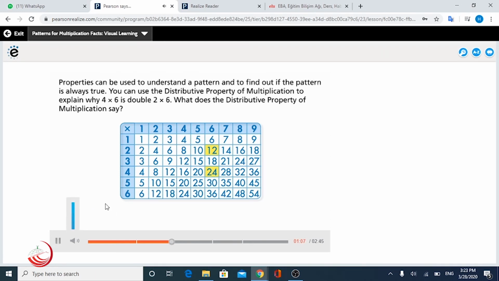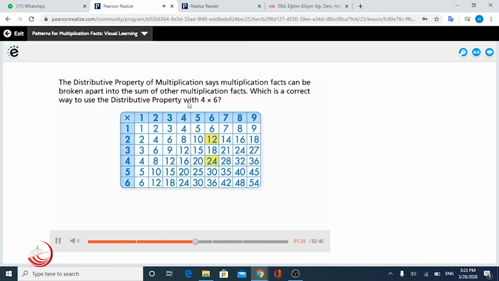Properties can be used to understand a pattern and to find out if the pattern is always true. You can use the distributive property of multiplication to explain why 4 times 6 is double 2 times 6. What does the distributive property of multiplication say? The distributive property of multiplication says multiplication facts can be broken apart into the sum of other multiplication facts.